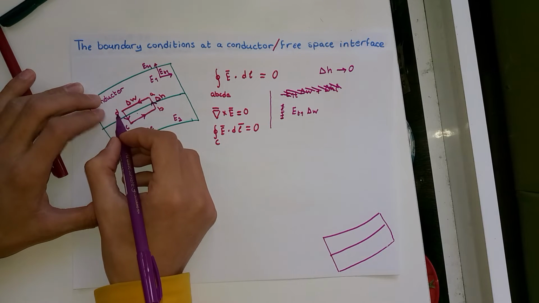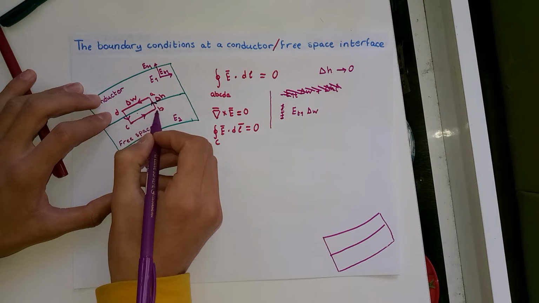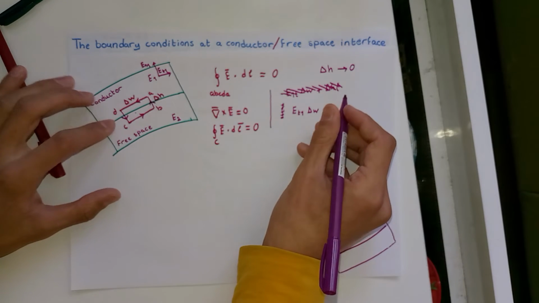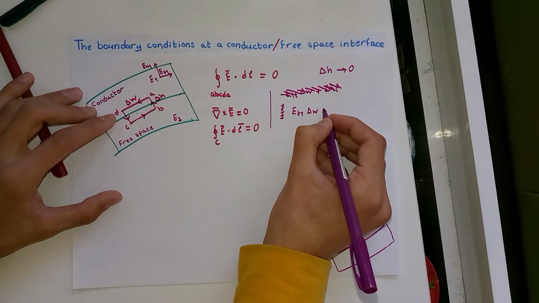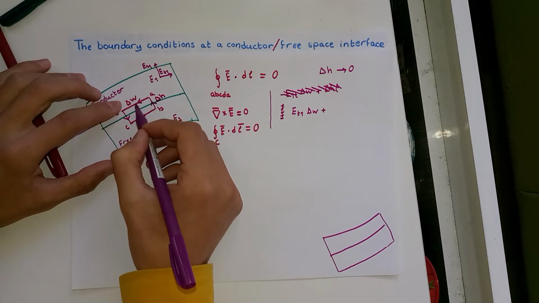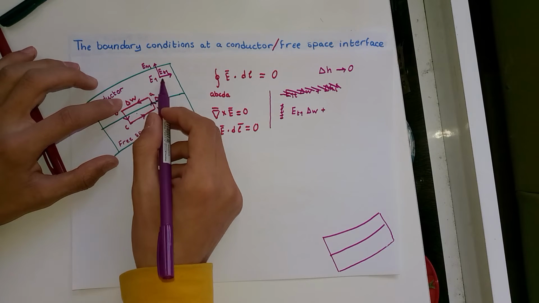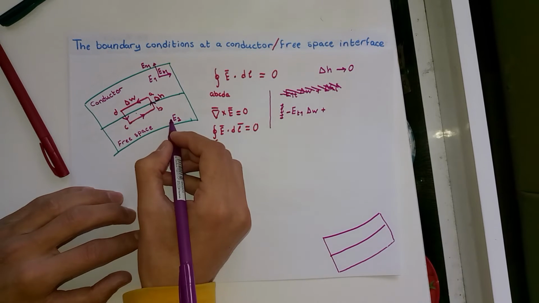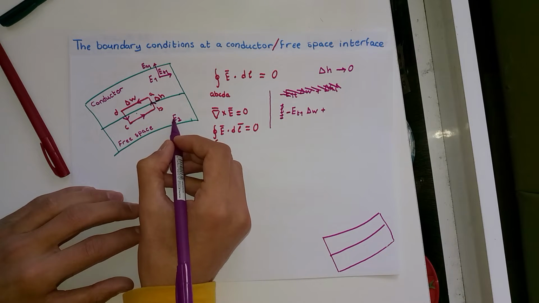Regarding DC and BA, both of them are going to vanish, so I'm not going to include them in this integral. Plus, I forgot to say that this path delta W is opposite in direction to the tangential component, so I will add the negative sign. The normal component is going to vanish.